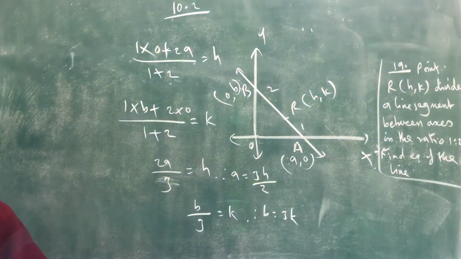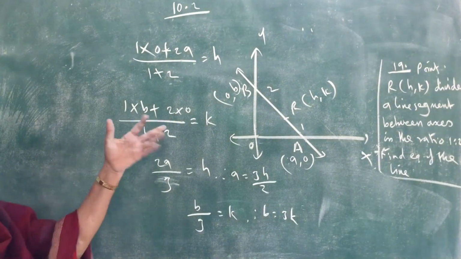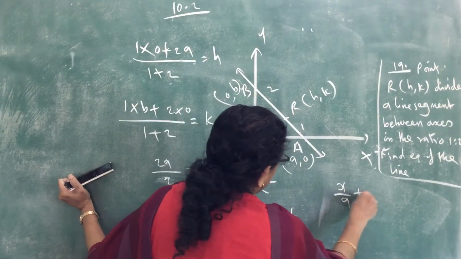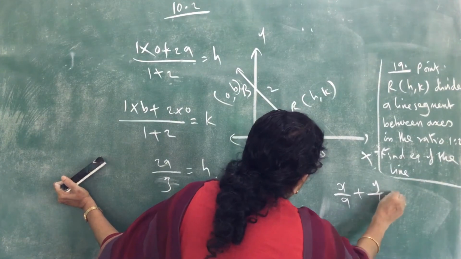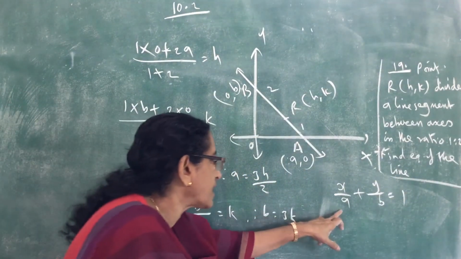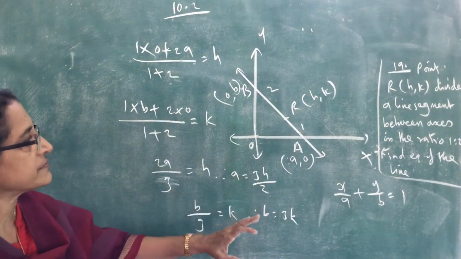So we can write the intercept form of the equation of a line: x by A plus y by B equal to 1. That is the intercept form. We can substitute A and B here. So simplifying, we will get the equation.